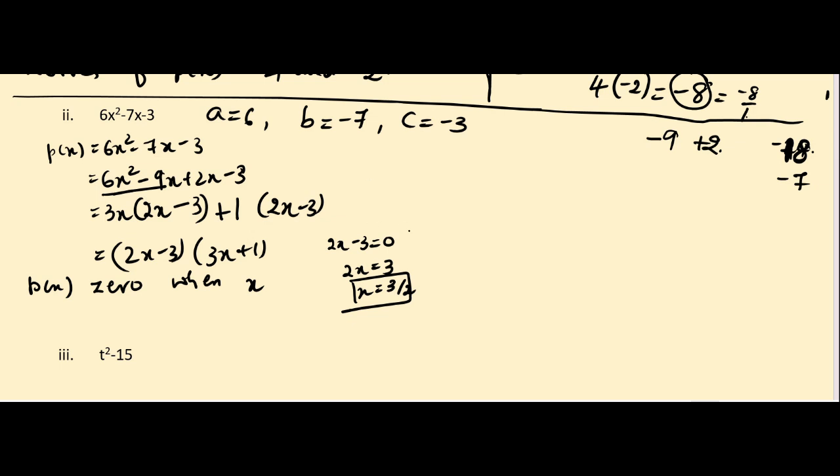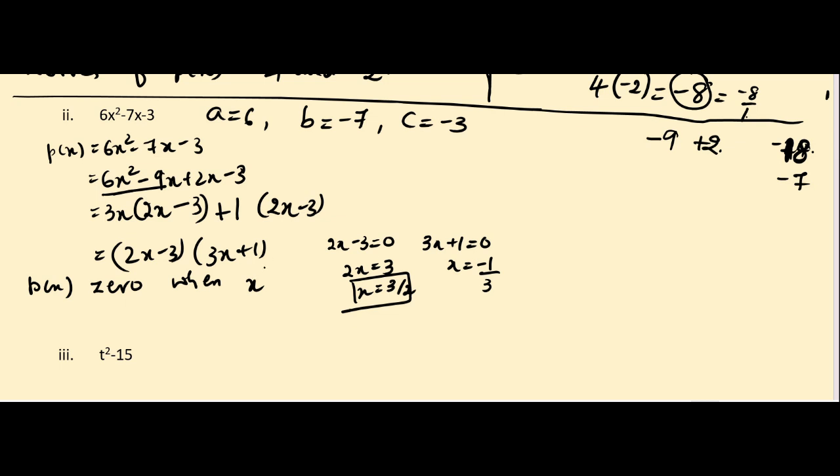And another, x is again equate to 0, means 3x plus 1 is equal to 0. X is equal to, when plus 1 comes to RHS, it will become minus 1, and 3 is here multiplying, when it comes to RHS, it will become divided by 3.